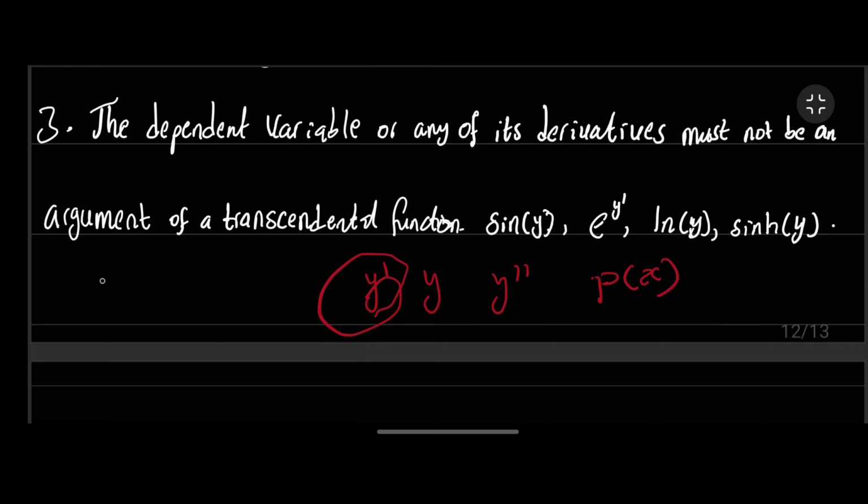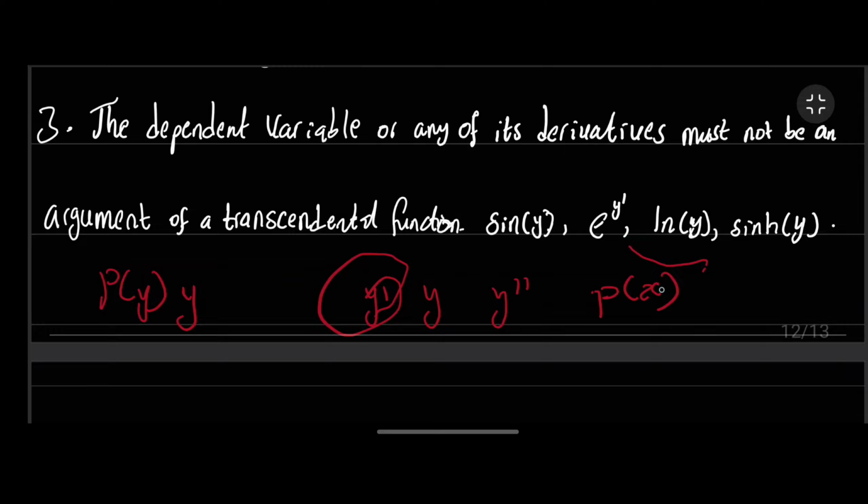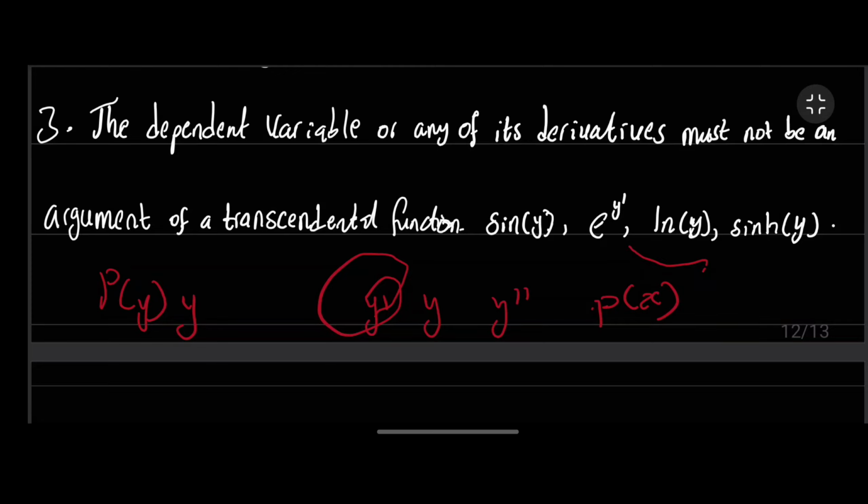So you can't have p of y. You can have p of x, you can have q of x, and so on, but you can't have p of x, y, p of y, y, or p of y, y prime. So that's another way you can think about it.